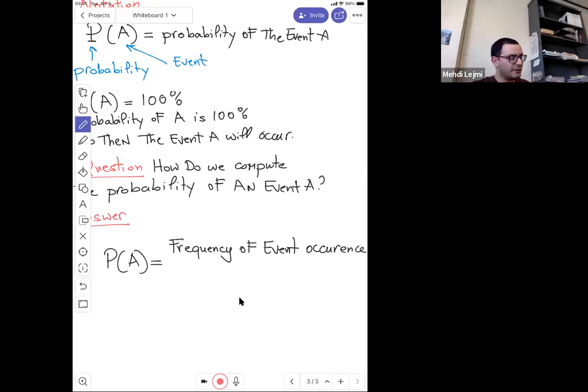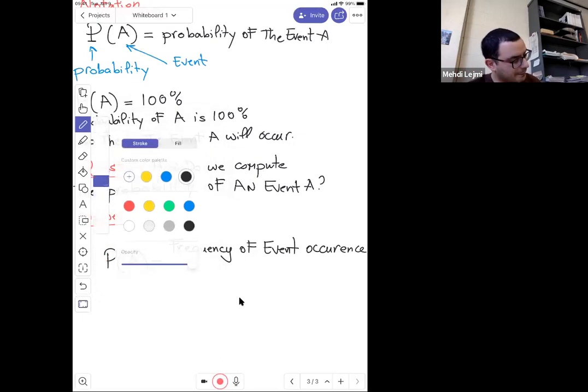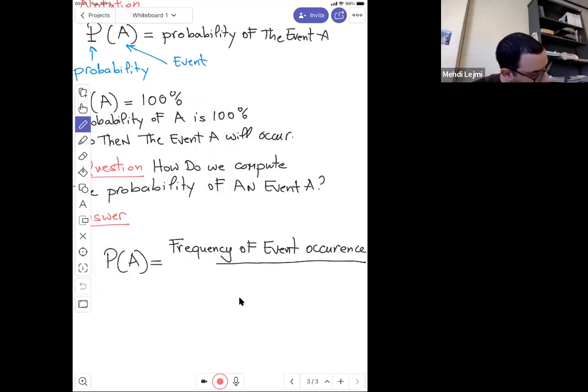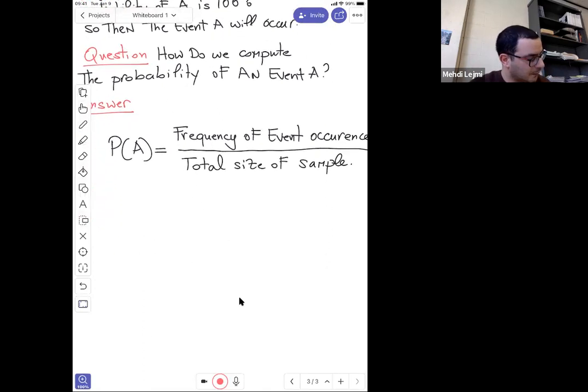Here it's the same thing, we divide by the total size of the sample. So again, the probability of the event A is the frequency of the event A over the size of the sample. Okay, let's do an example.